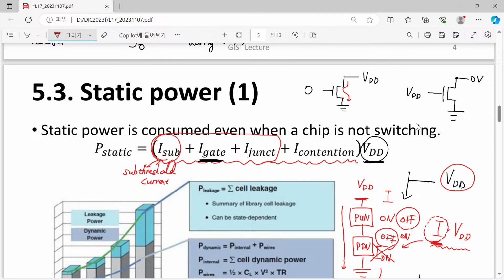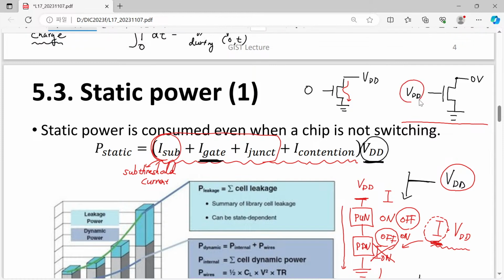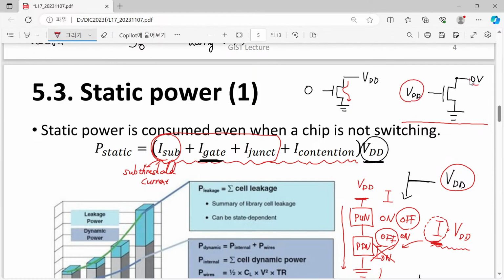However, when we consider the opposite case, now the gate is highly biased and the drain is lowly biased. In the ideal case, since the drain voltage is exactly 0, there will be no current conduction between source and drain. Yes, it is diminishing. There is no component like that.